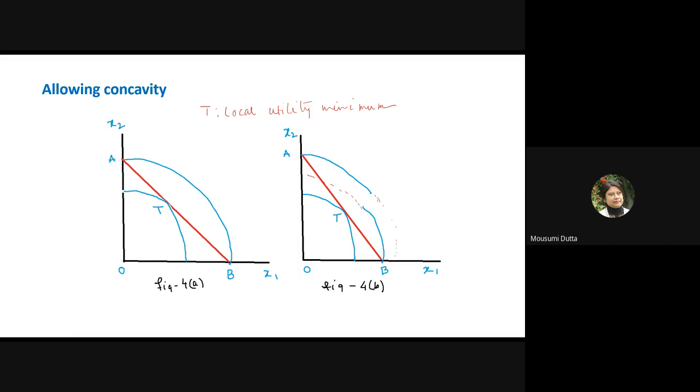I know when one good is inferior, the IC will become positively sloped. However, here the IC is still negatively sloped. The curvature is concave rather than convex.